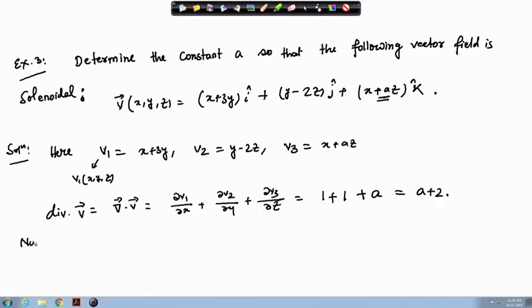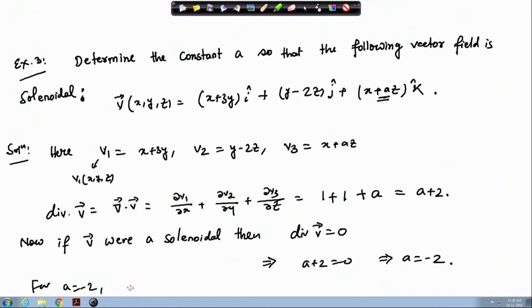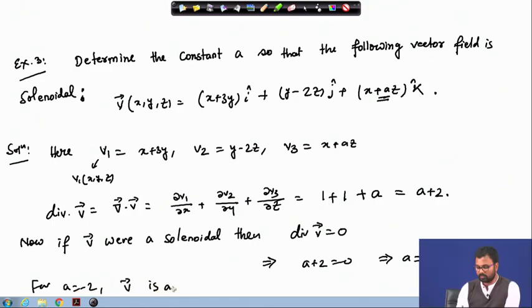Now, if V were solenoidal, then divergence of V must be equal to 0, because that is the definition. And now, if divergence of V is equal to 0, that means a plus 2 must be equal to 0. So, from here we will obtain a equals minus 2. So, for a equals minus 2, V is a solenoidal field.